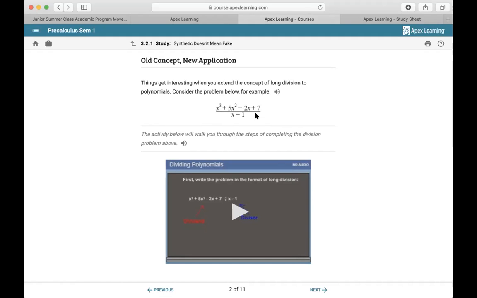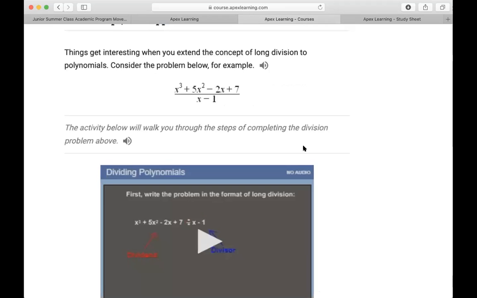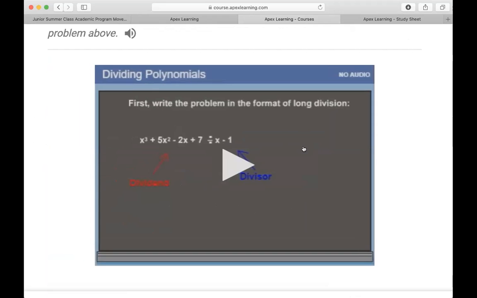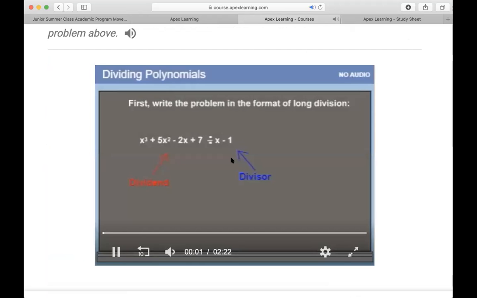So trying to multiply all 4 of those terms by another whole factor just gets really complicated really quickly. So what we can do here is we can actually work through the process of long division, similar to what we just did, but we can now use this to divide our polynomials by other factors, not just single values.